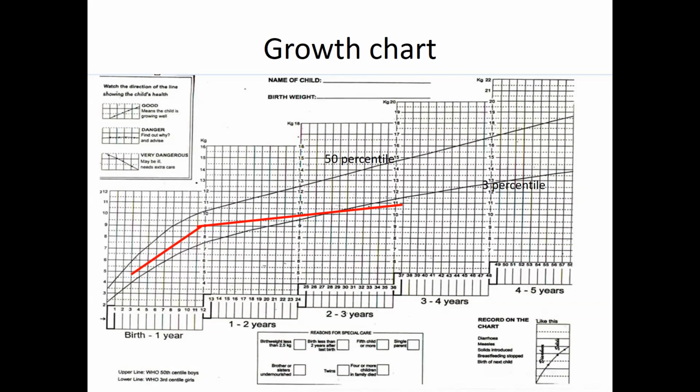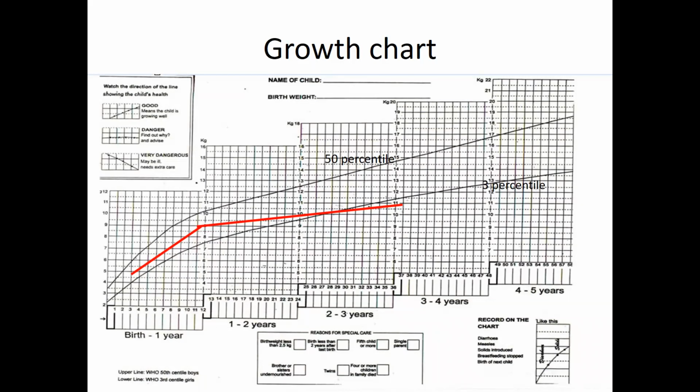But we can see that in the first year, the baby's growth was as planned, but in the 1 to 2 years, that is the second year, there is a gradual decline of the growth of the baby, though it was within the planned road.